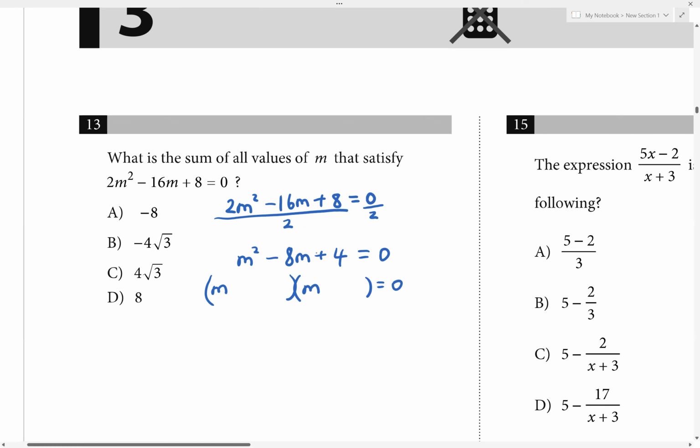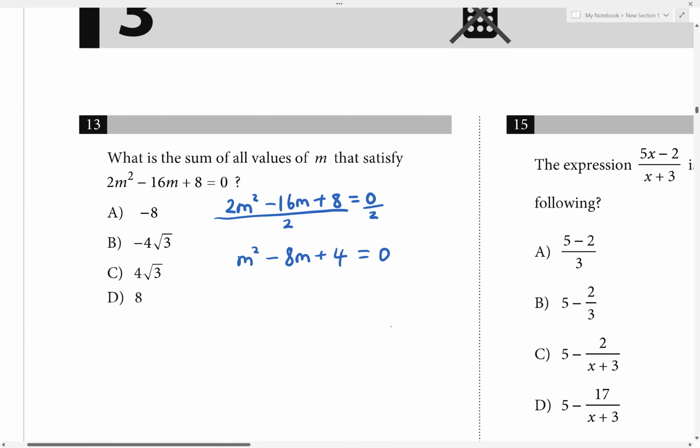When you think about 4, we can do 2 and 2 or 1 and 4. We want negative in the middle, so they should both be negative. But if we do 1 and 4, that's negative 5, and if we do 2 and 2, that's 4 in the middle. No matter how we try, it won't work. So this is not factorable.